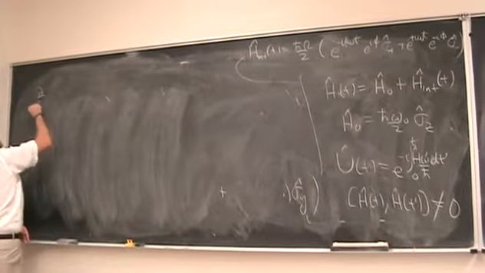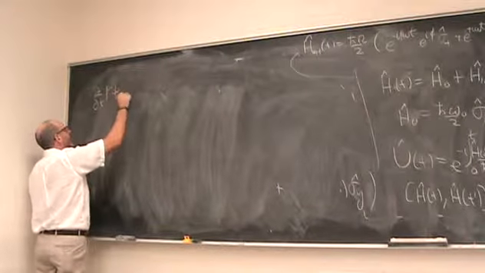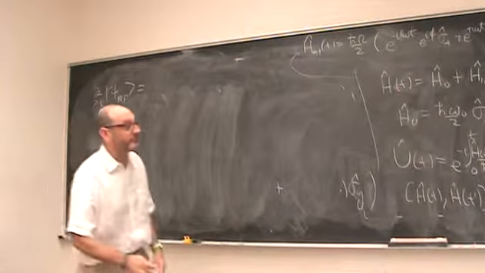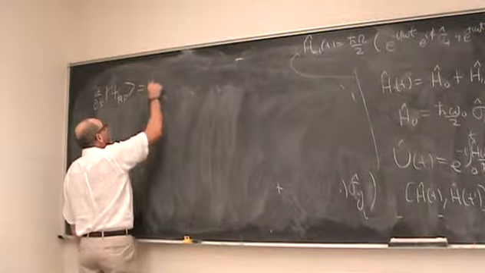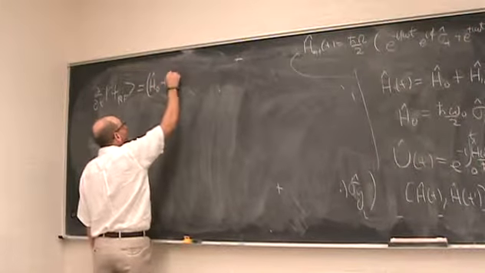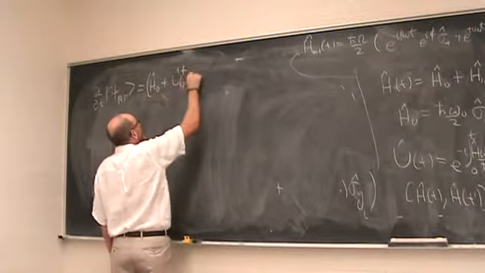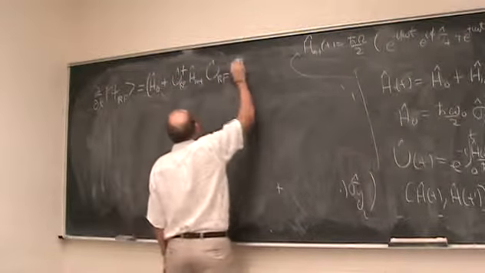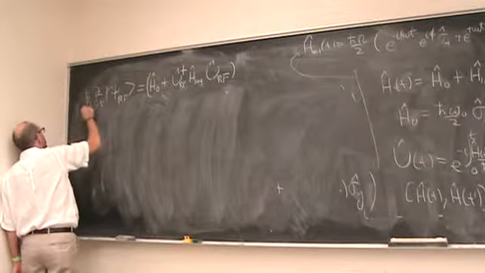The rate of change of psi in the rotating frame is equal to h naught plus u dagger rotating frame h int u rotating frame, times h bar over minus i.